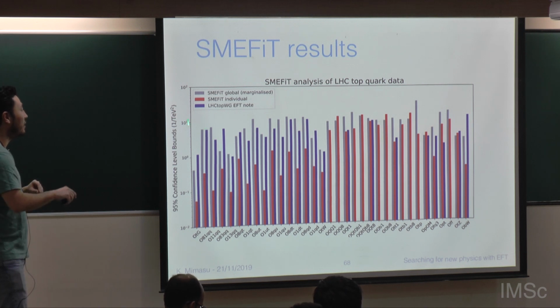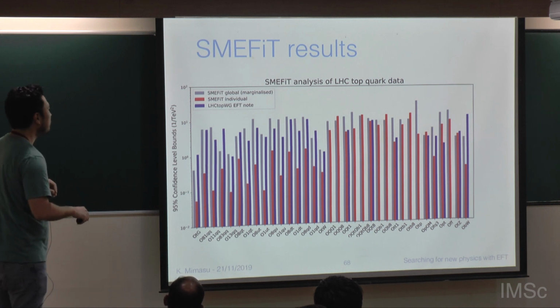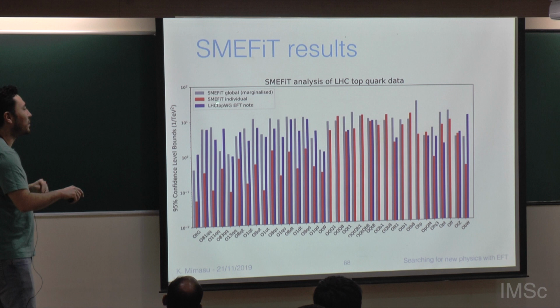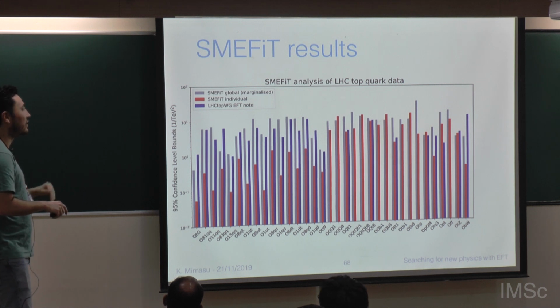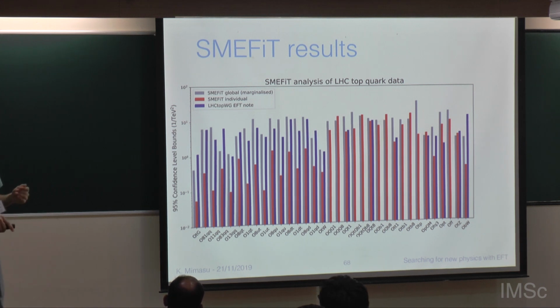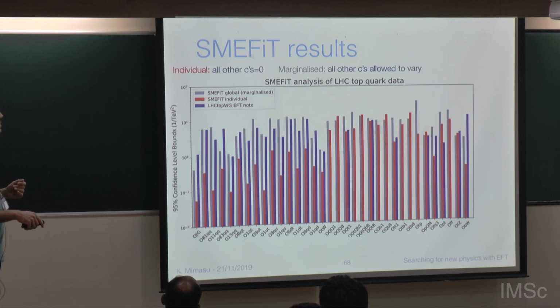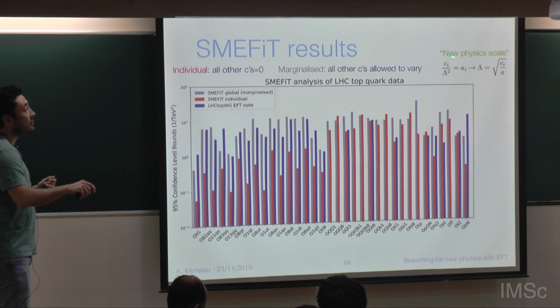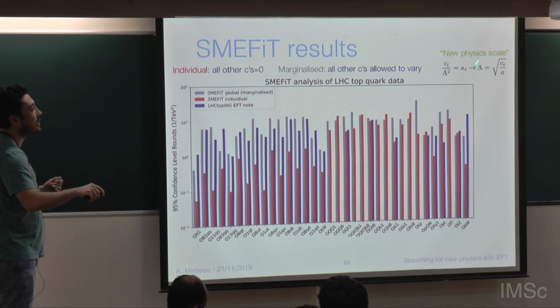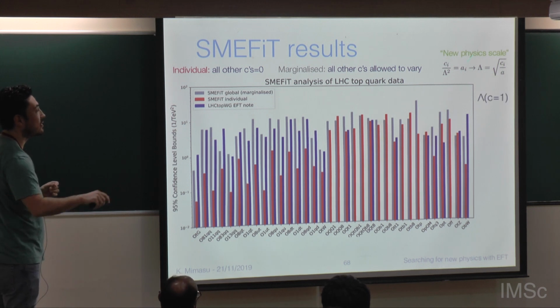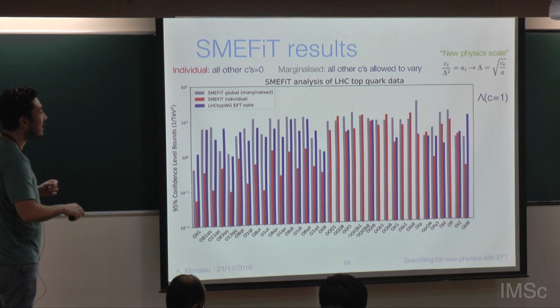And you see that it really relaxes the limit considerably in almost all cases. The blue ones were just some other reference constraints which they gathered from the literature to compare their fit to the existing results. Okay, so that's just what I already said. And if you look at a limit on C over lambda squared, of course, you can translate that to a new physics scale, which depends on your limit and your Wilson coefficient, C. So if you set this C to 1, you can relate that to a scale.